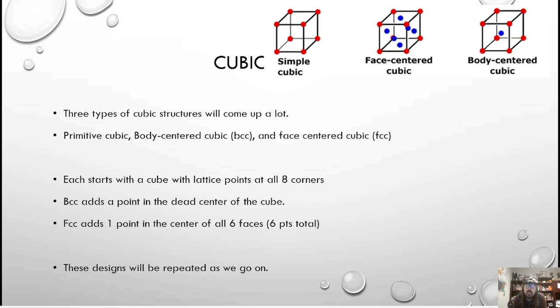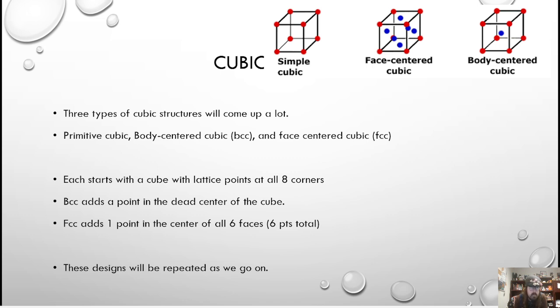And there's face-centered cubic, where we have the simple cubic with atoms in the corners, but now we put atoms on all 6 faces, right in the middle of the 4 atoms on each of the corners of that face. So it makes kind of like a 5 pip on each face.